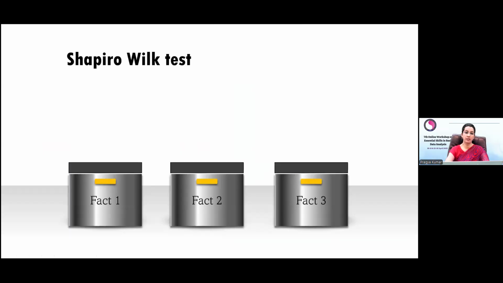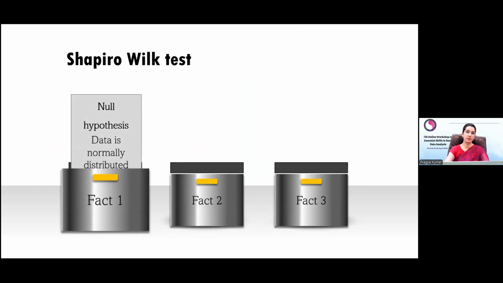Coming to another one, which is the Shapiro-Wilk test. The Shapiro-Wilk test is a test in which you assume in the null hypothesis that the data is normally distributed. So that's why you want the p-value to be more than 0.05. Why? Because you want your null hypothesis to be accepted, because you want your data to be normally distributed.